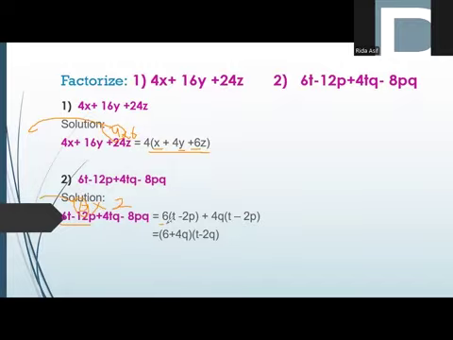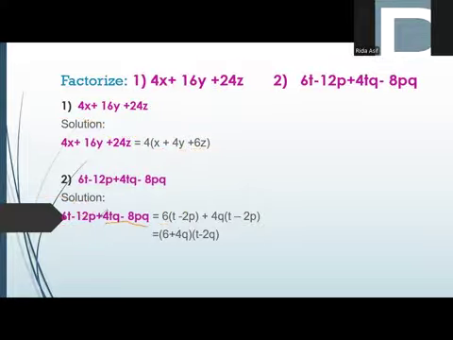We get 6 outside the bracket and t minus 2p inside, right? If we multiply it again, we get 6t minus 12p. So in this method, we have taken out the common factor as a pair.